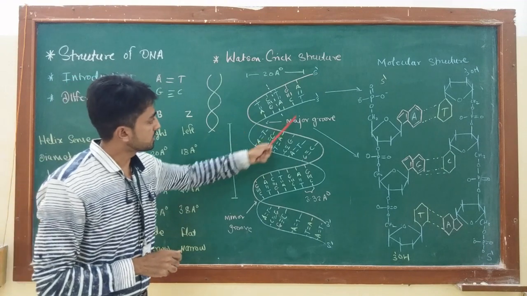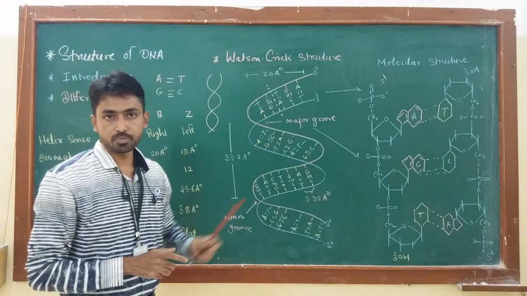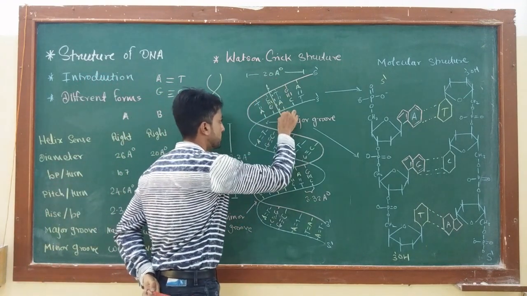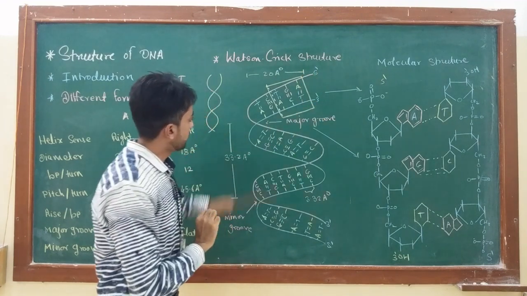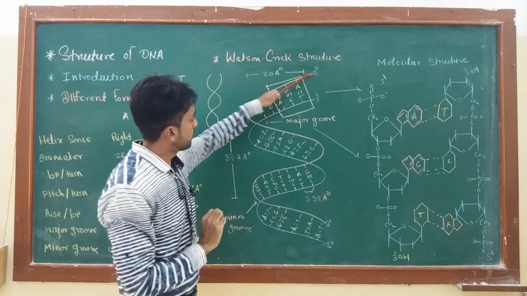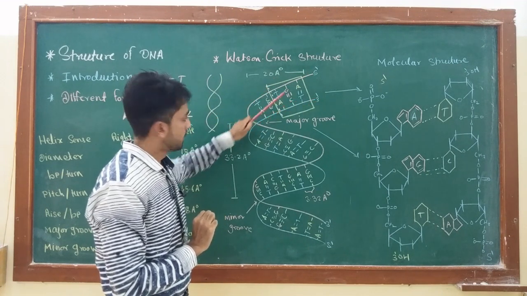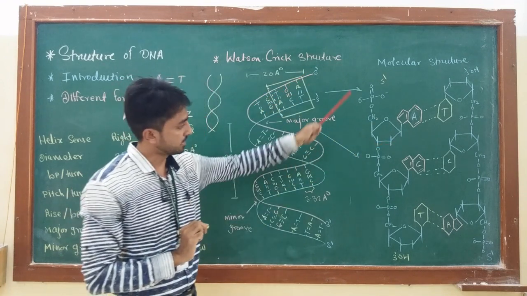If you want to understand the DNA structure in more detail, you have to consider the molecular structure of the DNA. If I select this segment of the DNA, which has 3 nucleotides on 5' to 3' end and 3 nucleotides on 3' to 5' end, and if I draw the molecular structure of that particular portion of the DNA, it will look like this.